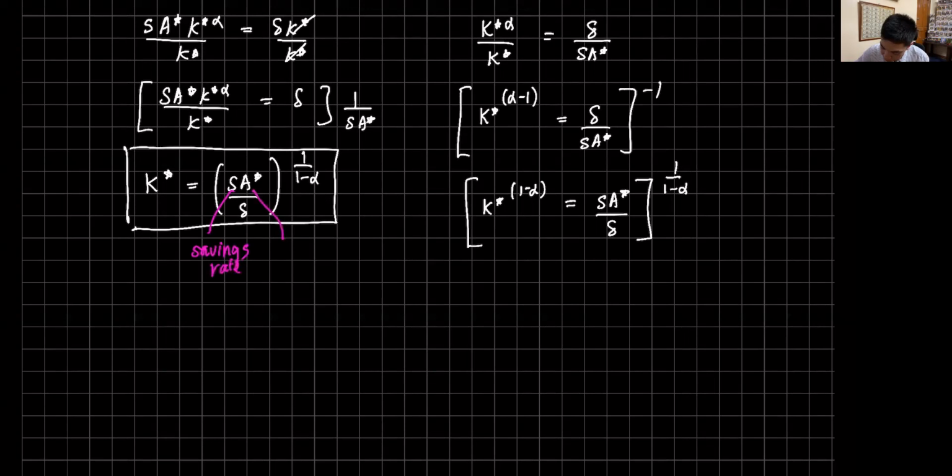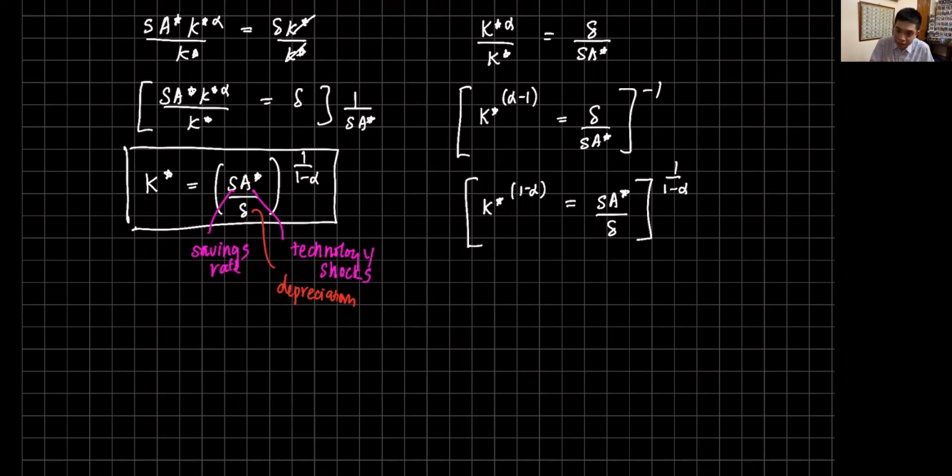Then we have technology shocks, and in the denominator, you have depreciation. So obviously, if S increases, if the savings rate increases, and if there's a positive technology shock, that's good.